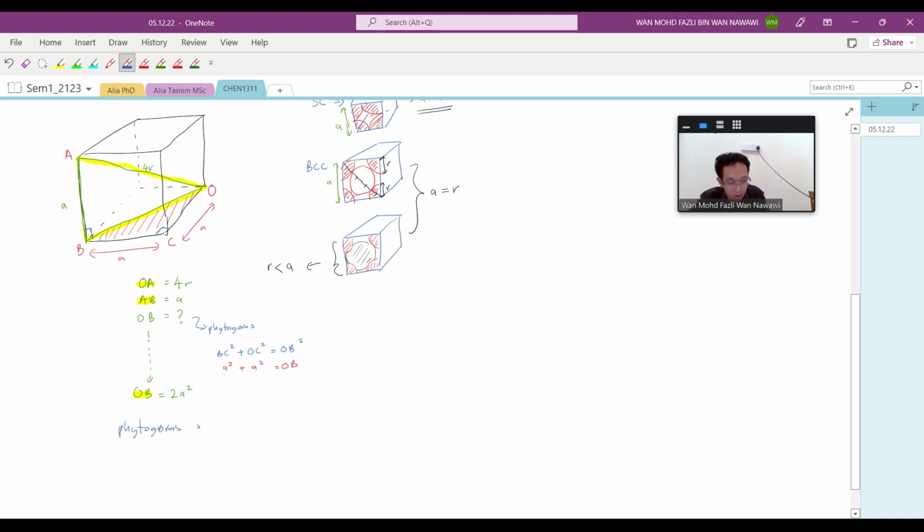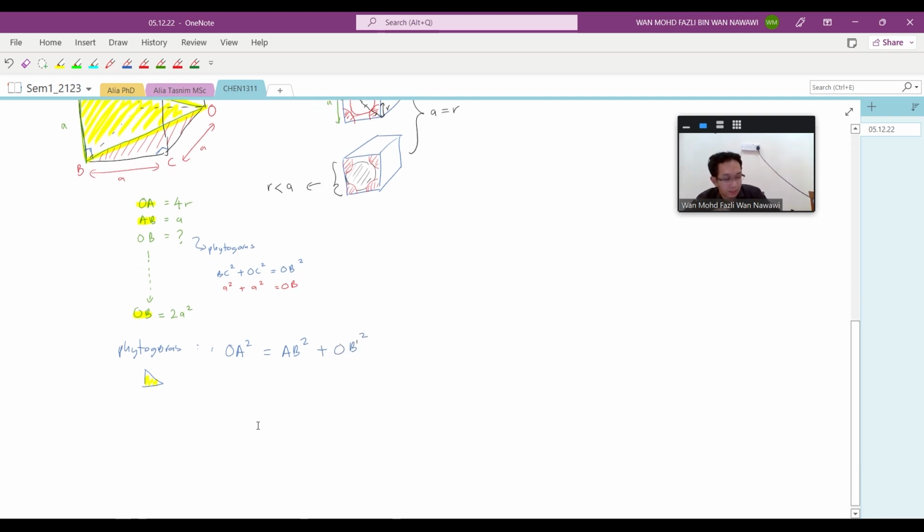The one I drew in yellow, the Pythagoras for this yellow triangle is basically OA squared equivalent to AB squared plus OB squared.